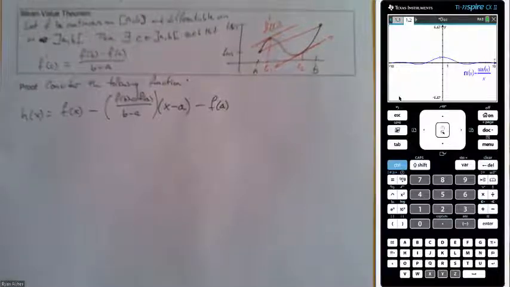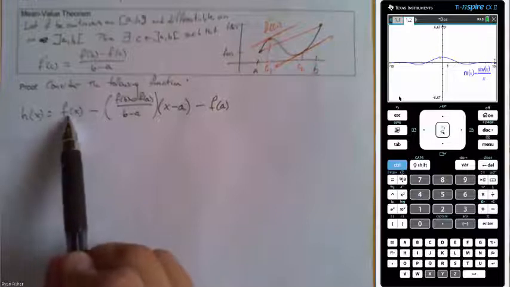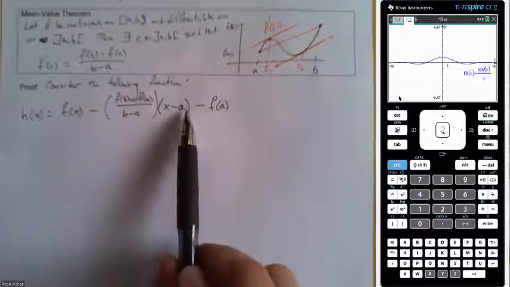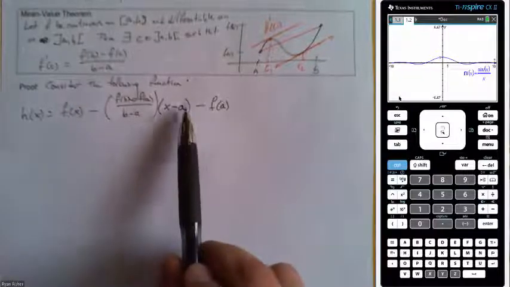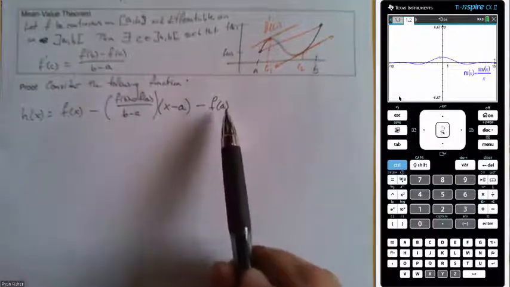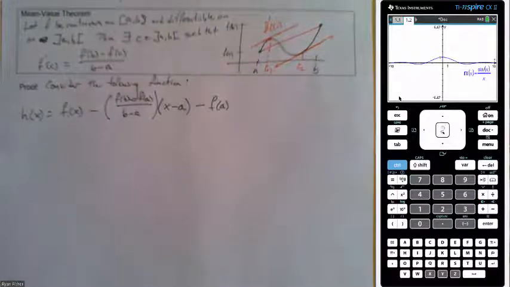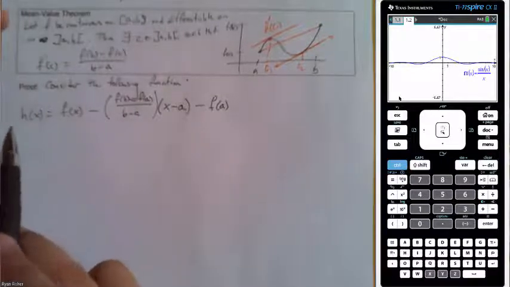This function is continuous itself. It's differentiable itself because f is continuous and differentiable. This is really just a number times a line, and lines are continuous and differentiable, and this is just a constant. So this is also continuous, differentiable, and so on. However, this function has some really cool properties.